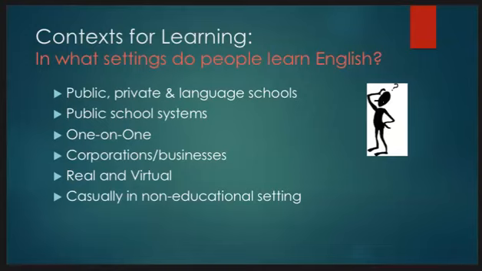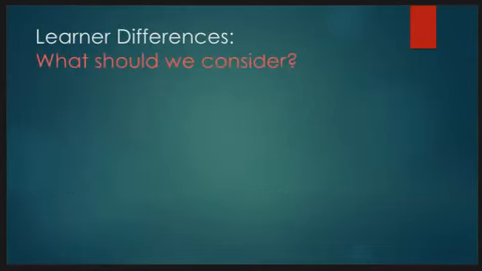Harmer talks a lot in this first chapter as well about learner differences, things that we need to consider when we think about the range of students that we might work with. So think for a second about differences that might be considerations when you are thinking about your students.